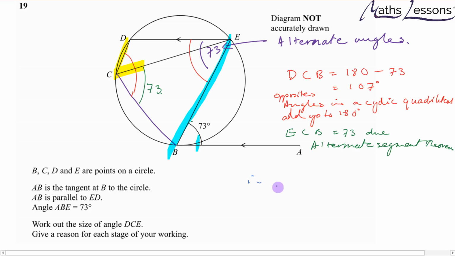So therefore, what was it? DCE is just equal to 107 minus 73, which gives me 34 degrees.